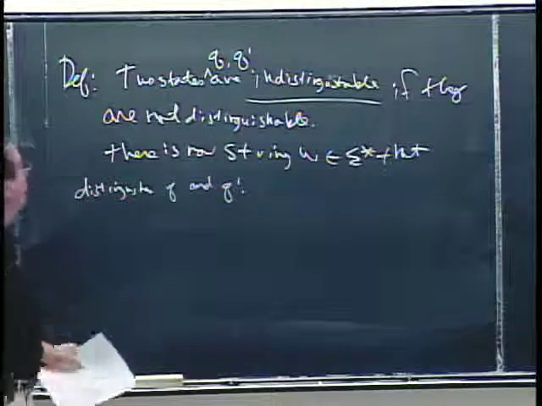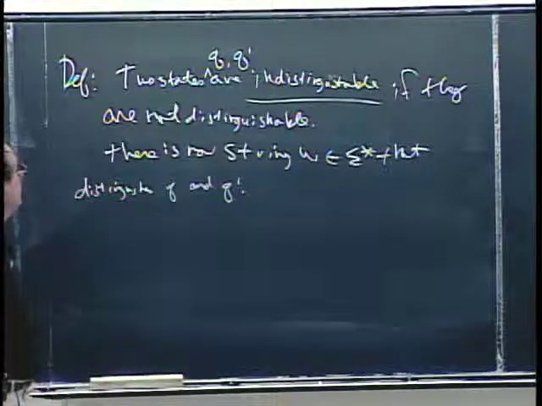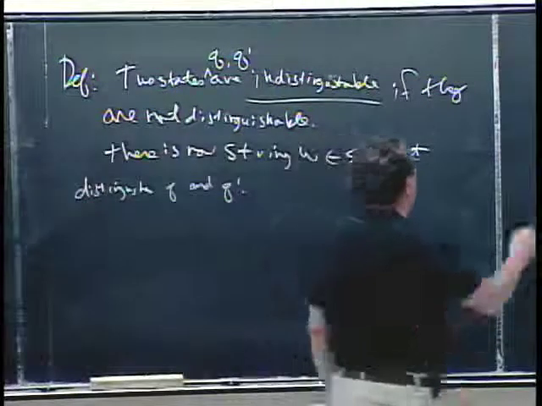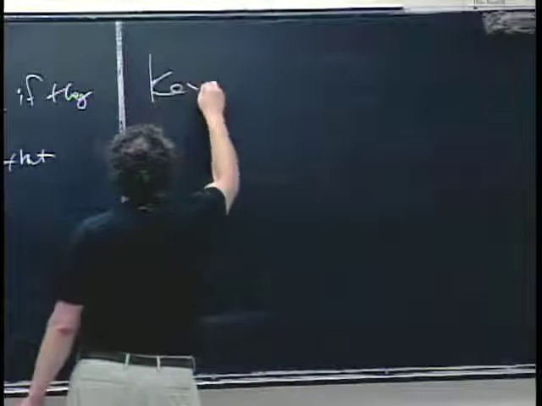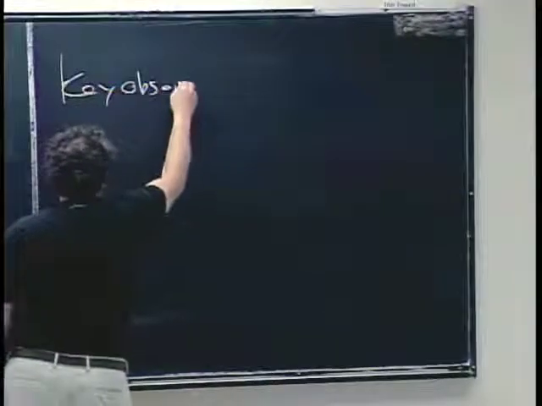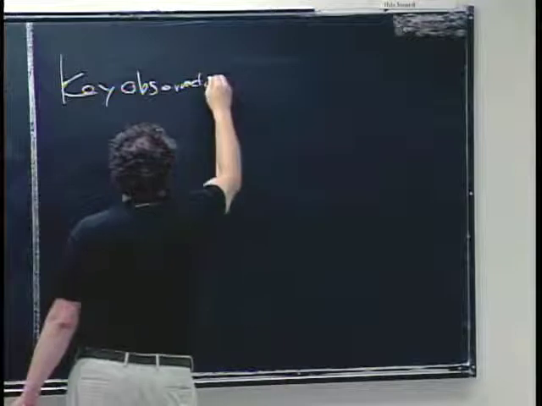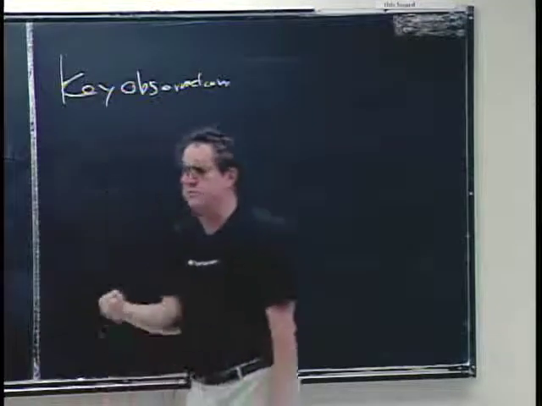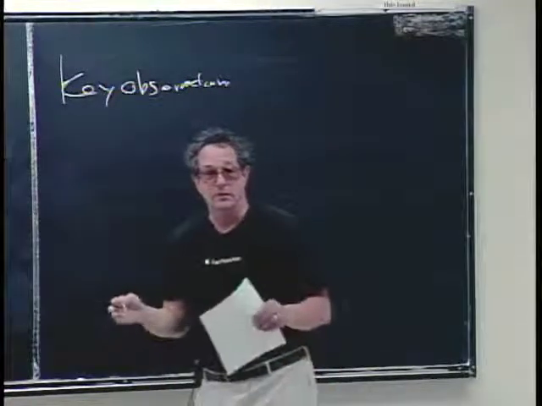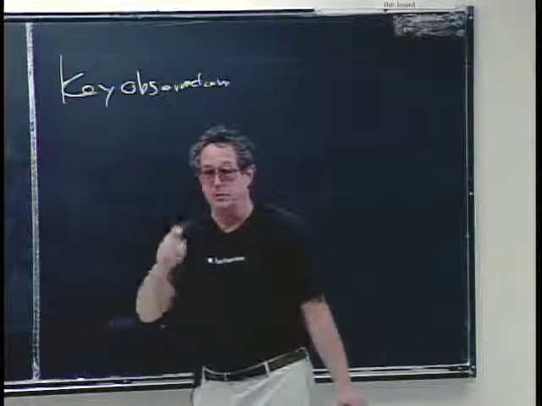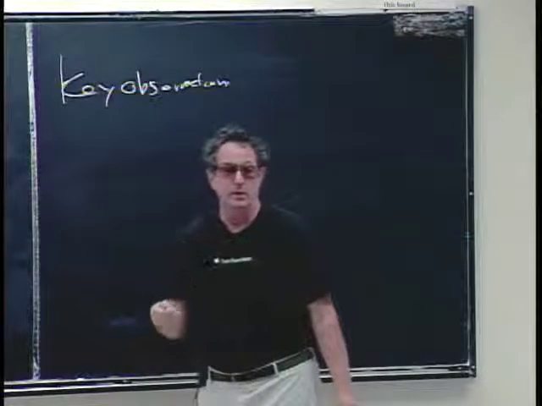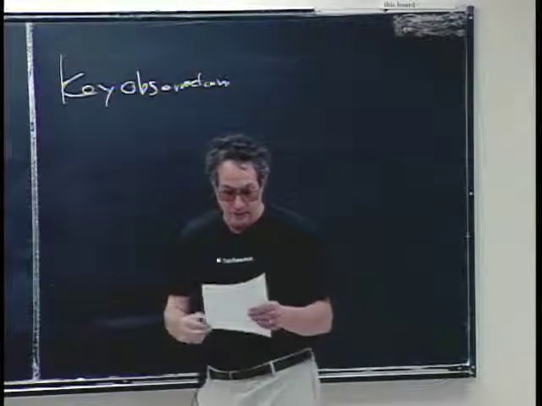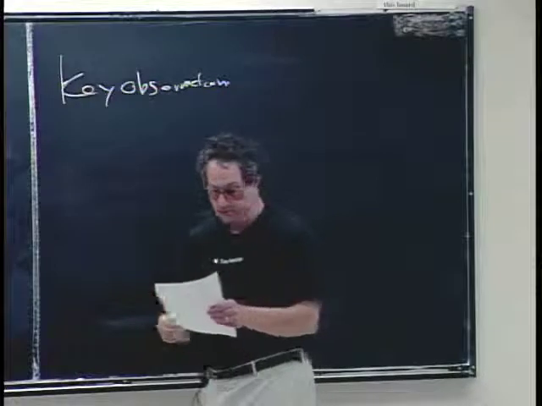Okay, now I want to make a key observation which will be used in the logic of minimizing a DFA to have fewer states, and it'll be a key element in the algorithm that does this.